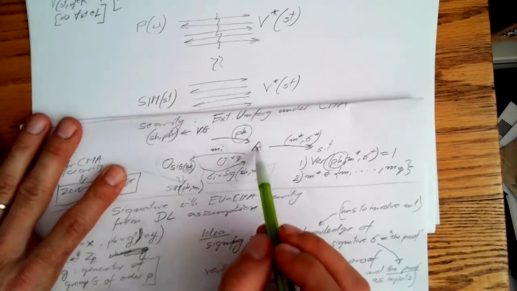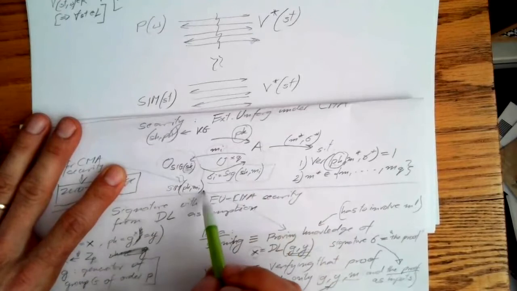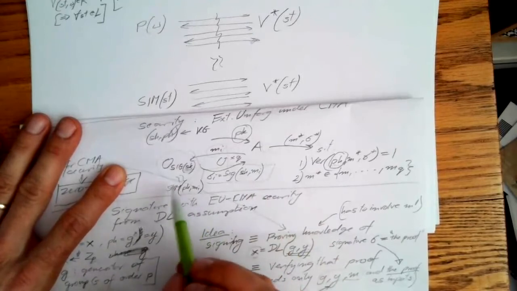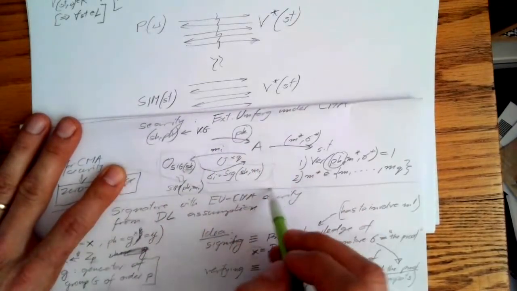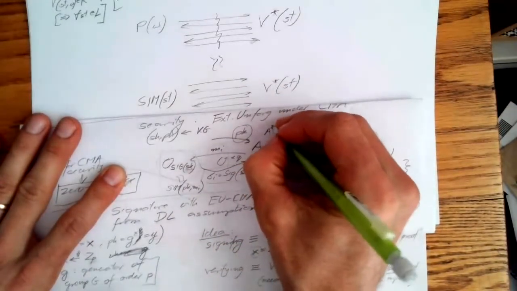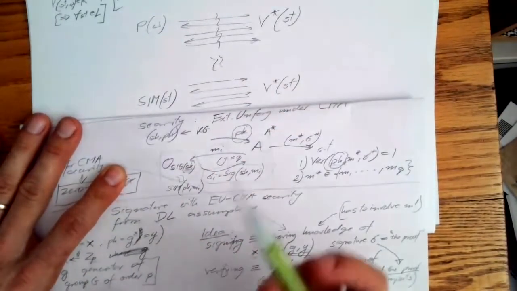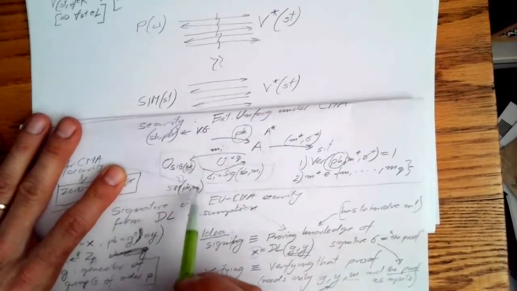Because if the adversary's interaction with the real signing oracle could be simulated by this efficient simulator, then all of this stuff would be like some modified adversary that just does it locally. He gets a public key and he locally emulates these signatures.